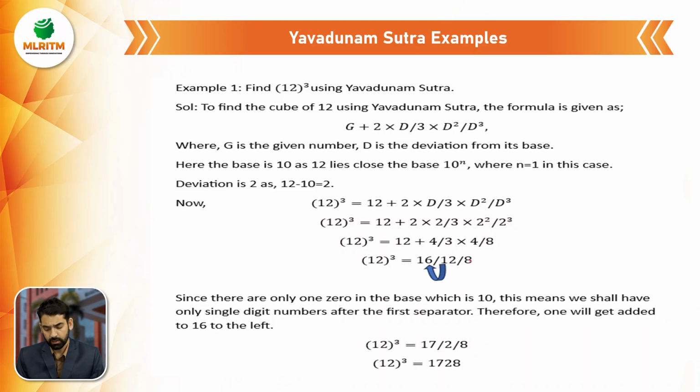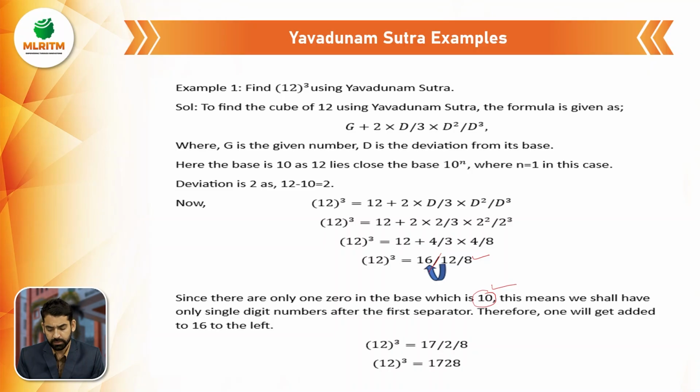Now here one thing is to be mentioned, which is very important. After the first separator, there is a 2-digit number, and after that there is a single digit number. But as per this Yavadunam Sutra, the base is 10, so there is only one 0 in this base. So after the first separator, the numbers should be single digit.